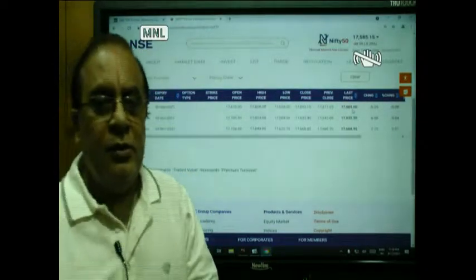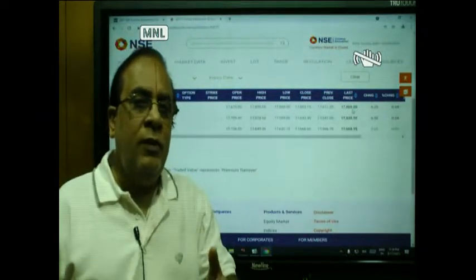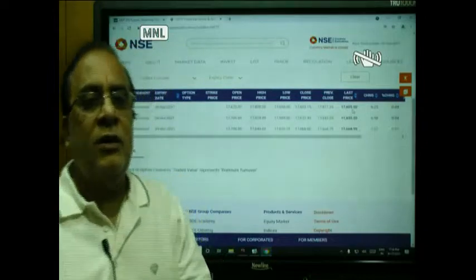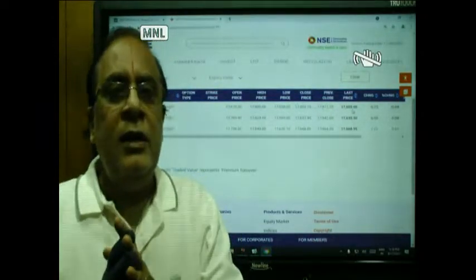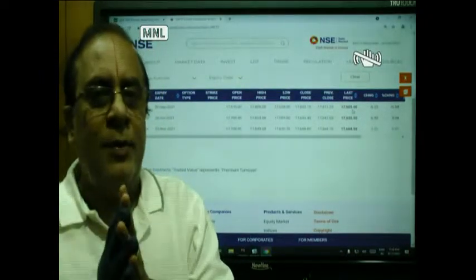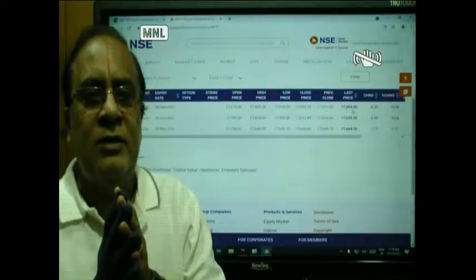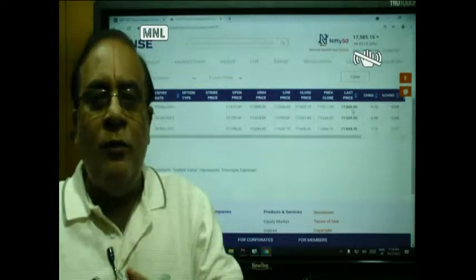It's only 20 rupees. But when we see the 17,300, we are being forced to pay something like 17,623 or so. So this means very clearly that you need to be careful about that particular time of option payment, because there will be some circumstances where you may end up paying much more than the option.